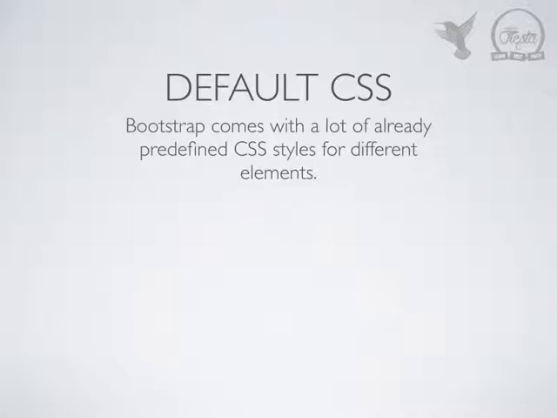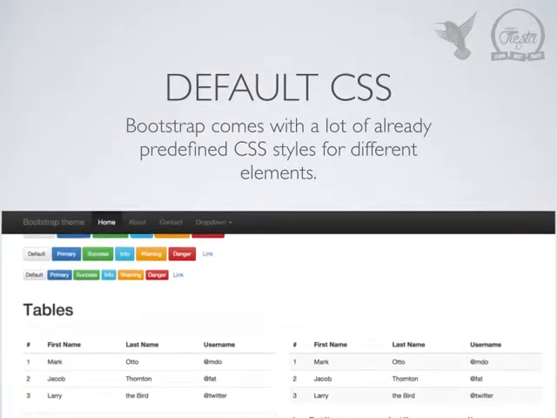I'm going to review what is by default inside of Bootstrap. So, yeah, this is an excerpt from their examples page. You can see different buttons here, table styling. So this is only a part of the default CSS styling inside of Bootstrap.